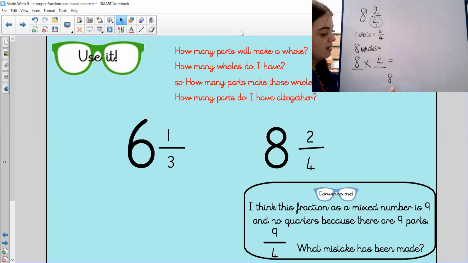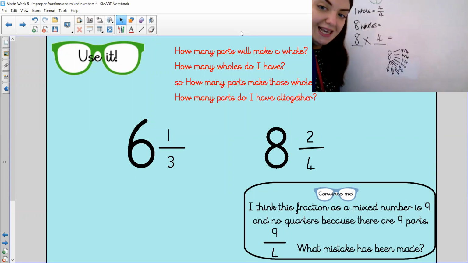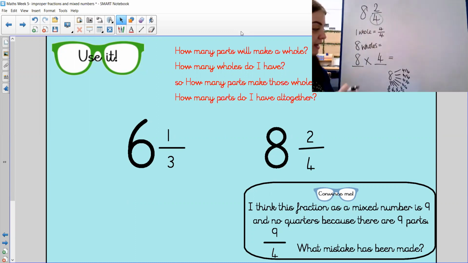So it's almost like 8 wholes, and each one has 4, 4, 4, 4. That whole will have 4 quarters, that whole will have 4 quarters, and so on. I need to see how many of those quarters are going to make 8 wholes.